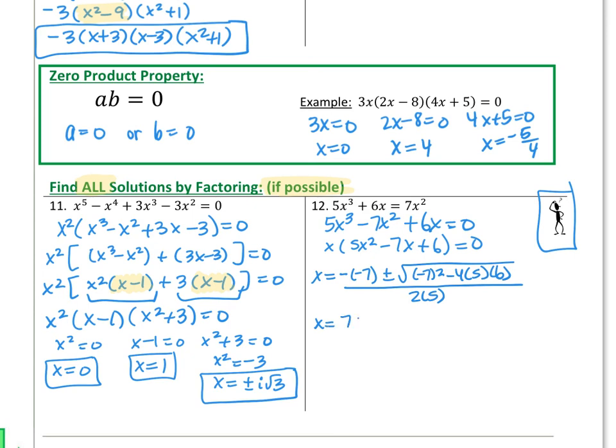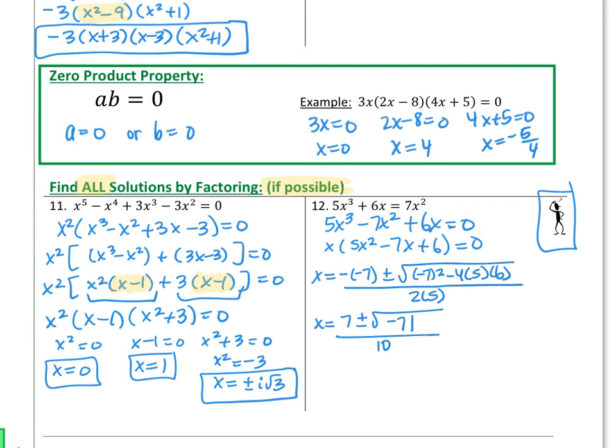So this would be 7 plus or minus, ooh, I'm going to need my calculator. Okay, so 49 minus whatever that is. This is 30 times 120, so this would be negative 71, I think, if I did the math right. And this would be 10, obviously, on the bottom.